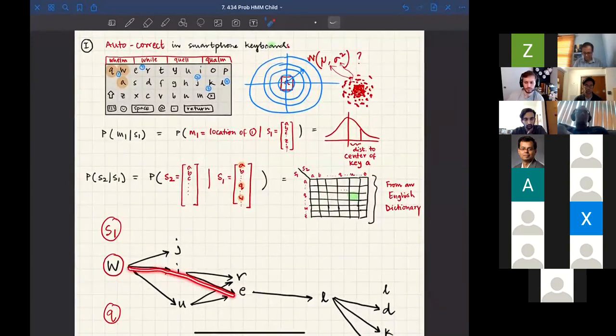WIEL agrees very well with the motion model and with the measurements. Awesome. Your confidence is very high. It says go for it, go for it. This word is very likely.